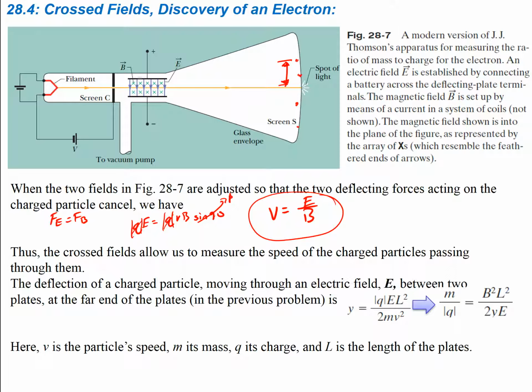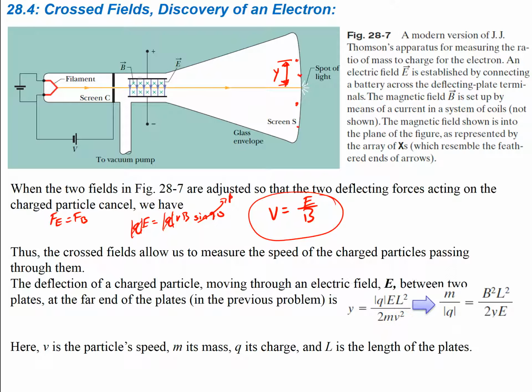Now the deflection of the charged particle, this deflection over here which we're going to call y, moving through an electric field E between two plates, at the far end of the plates is given by y = qEL² divided by 2mv².